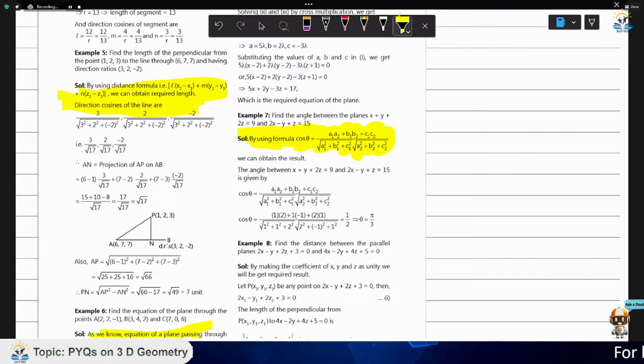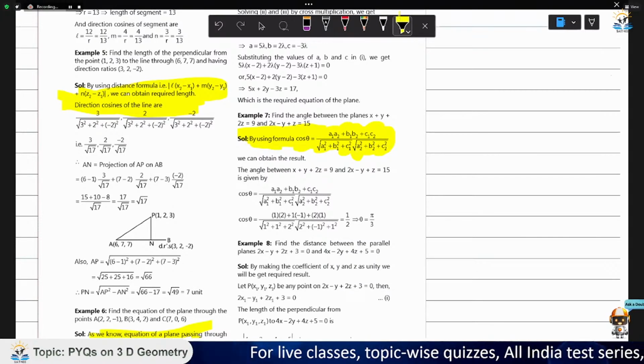In coordinate geometry, you can derive your formulas if you don't remember them, but here it is very important to remember them. I would suggest you go through the formulas and remember them, because they will help you a lot, especially in 3D. So again, we directly apply the formula here.